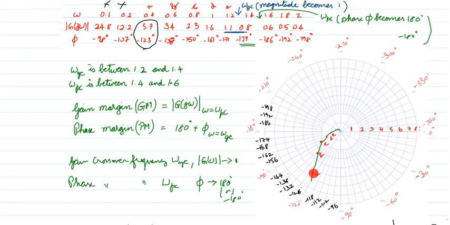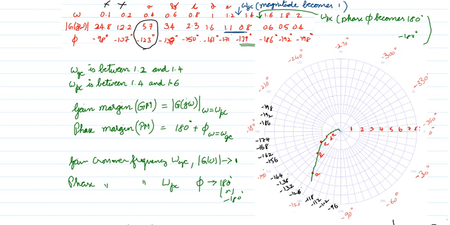I mark the point as A. Can you clearly understand what A is? A corresponds to the angle minus 123, which is between minus 120 and minus 126. And the magnitude 5.7 is between this circle, which is 5, and this circle, which is 6, so 5.7 is here.